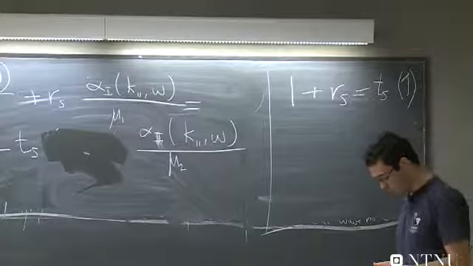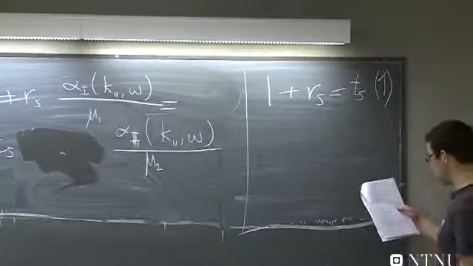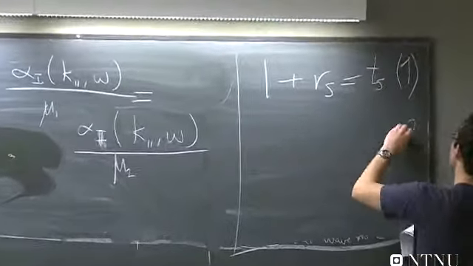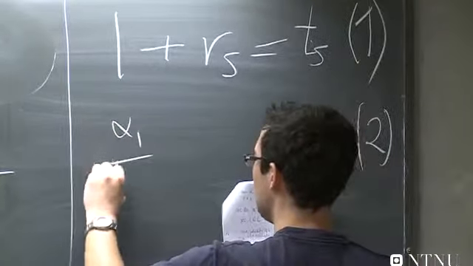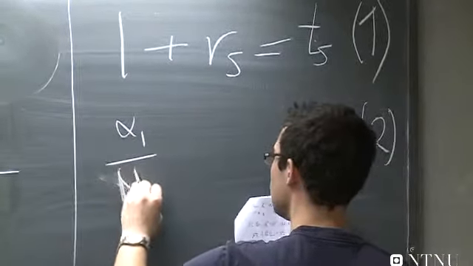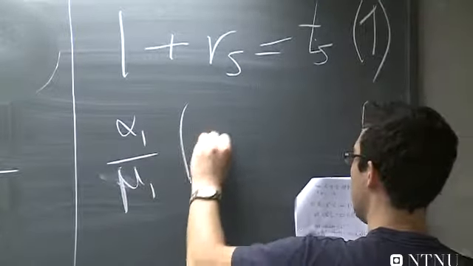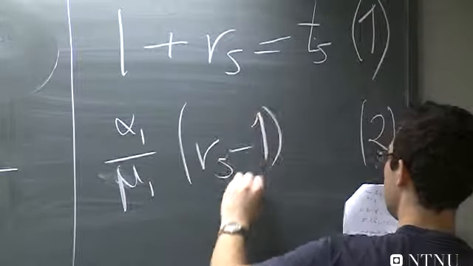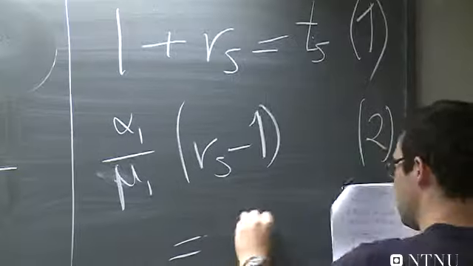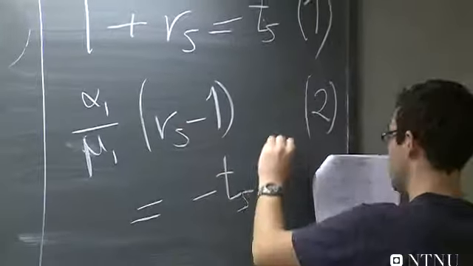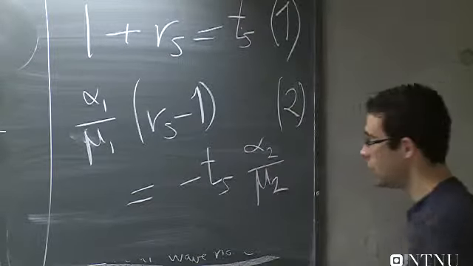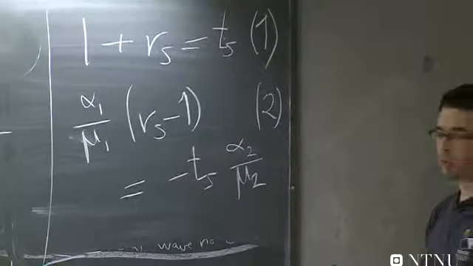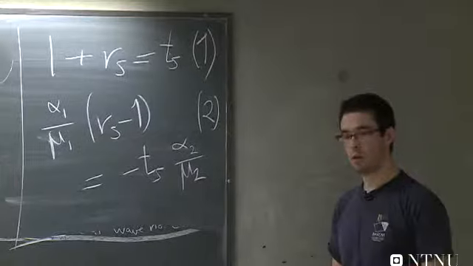If I just drop the k parallel and the omega, I get the following, which is alpha 1 over mu 1 times Rs minus 1 equals minus Ts alpha 2 over mu 2. And this is a linear system of equations, 2 unknowns, 2 equations, and they're not linearly dependent.